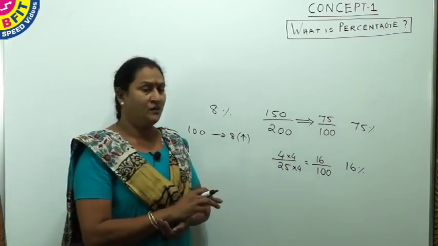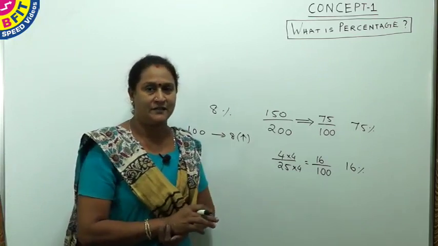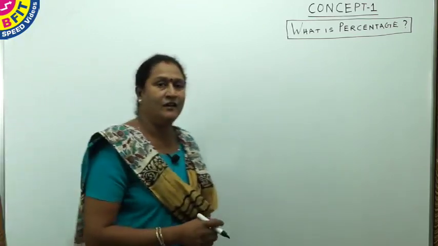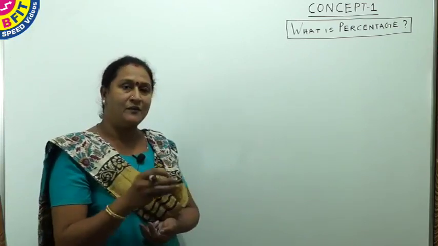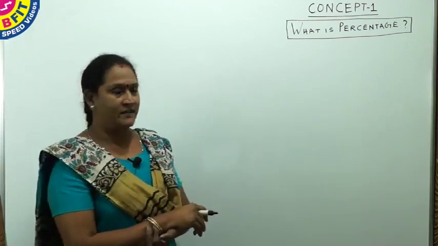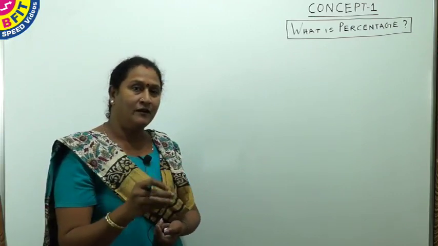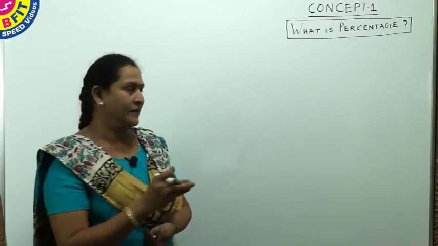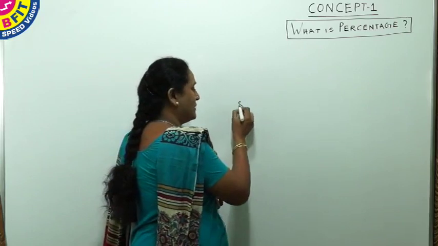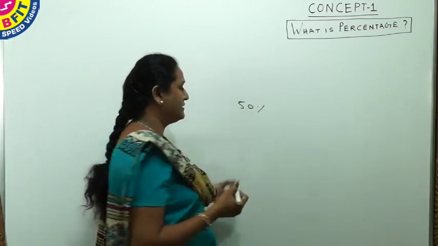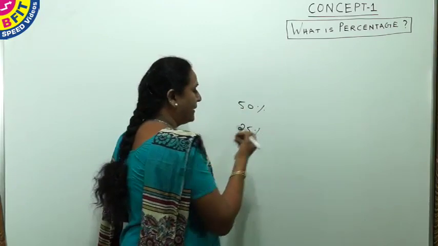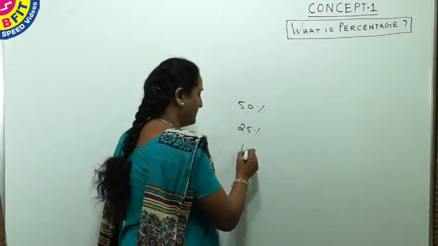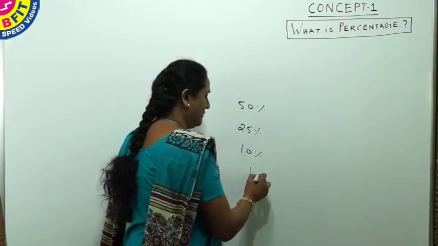Now we'll see what the basic percentages are. Instead of remembering enormous percentages, we can remember 4 basic percentages, and with that you can coin whatever percentages are needed. The basic percentages we can take are 50%, 25%, 10% and 1%.